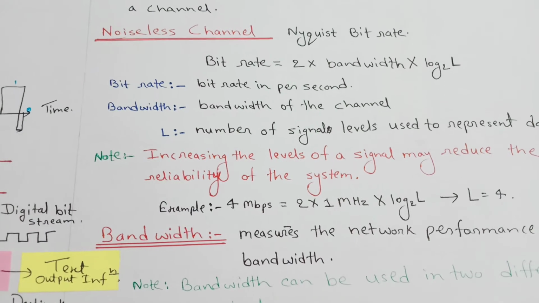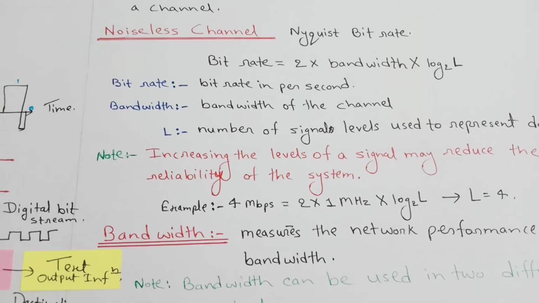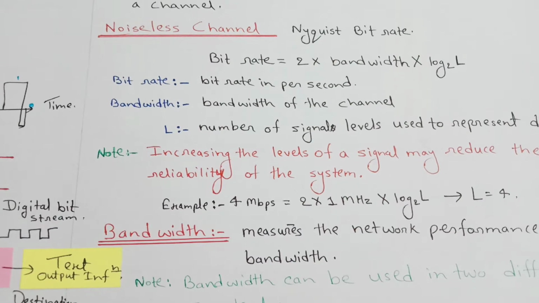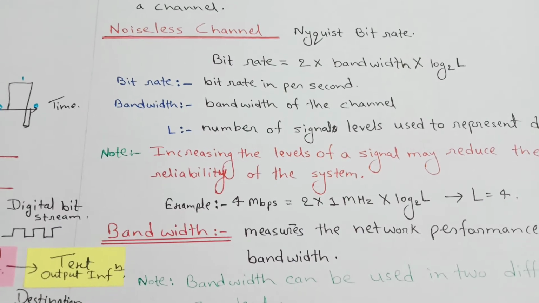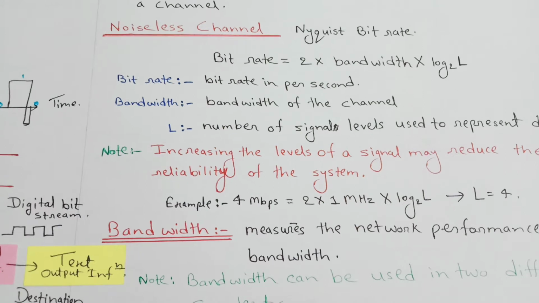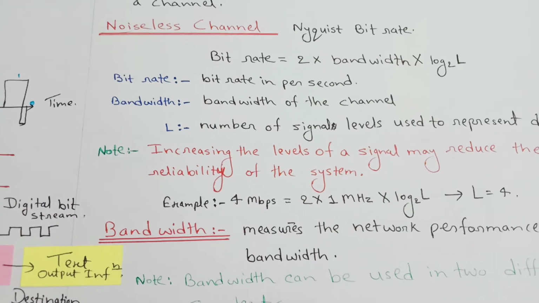Increasing the level of signal may reduce the reliability of the system. This is a note. How can we understand the increase in the level of signal?